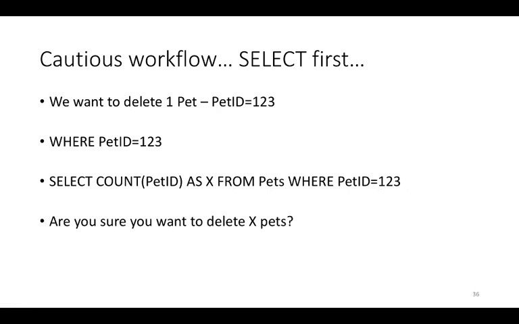That allows us to know how many records we're going to delete, and we can then prompt the user, are you sure you want to delete X pets? If I want to delete one pet and I click delete and it suddenly says, are you sure you want to delete 25 pets? I know that I've made a mistake and I can back out of it before I then actually run the delete query with the same where clause. Right, that is a logical place for us to finish.